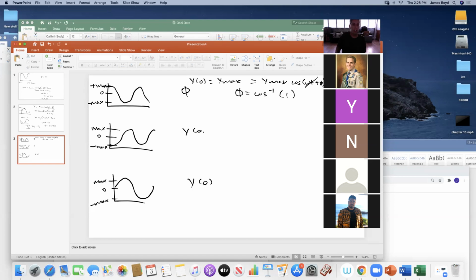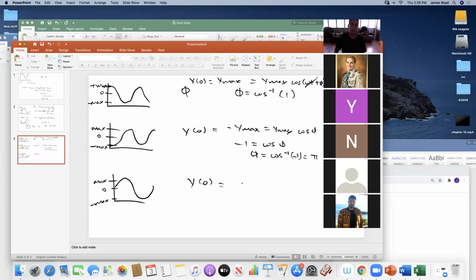And here, this is negative y max equal to y max cos, and I'm going to just leave off the omega t. So this becomes negative 1 is cos of phi, and phi, which is arc cosine of negative 1, is pi. So here our phi is pi when it starts at the negative amplitude.